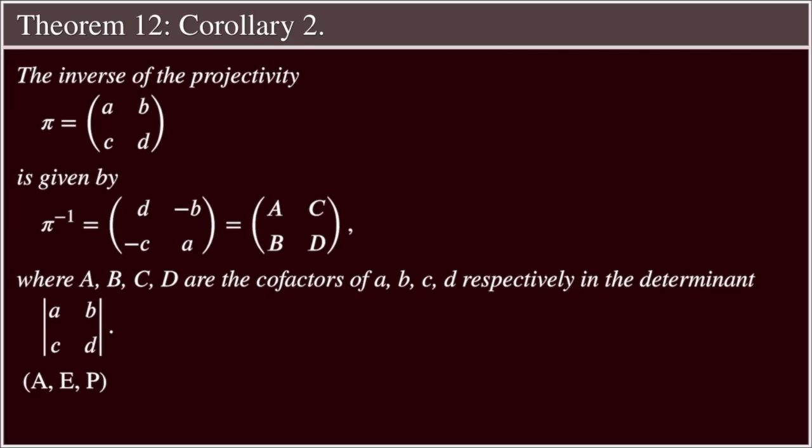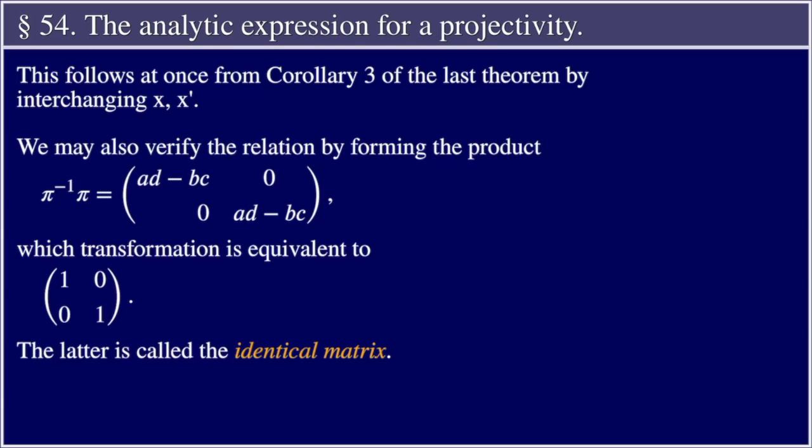The inverse of the projectivity pi equal to the matrix A, B, C, D is given by pi inverse equal to the matrix D, minus B, minus C, A, which is equal to the matrix A, C, B, D, where A, B, C, D are the cofactors of a, b, c, d, respectively, in the determinant a, b, c, d. Assumptions A, E, and P. This follows at once from Corollary 3 of the last theorem by interchanging x and x prime.